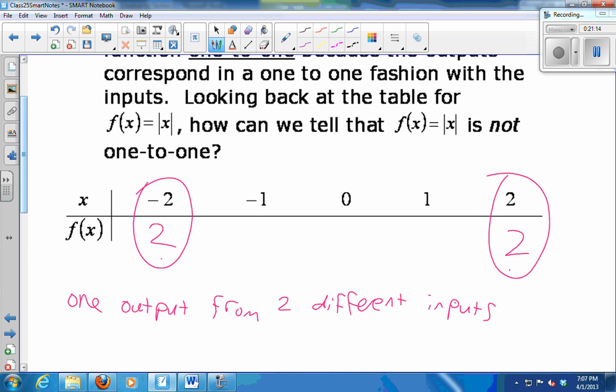So one-to-one means each x corresponds to exactly one y, and each y was produced by exactly one x.